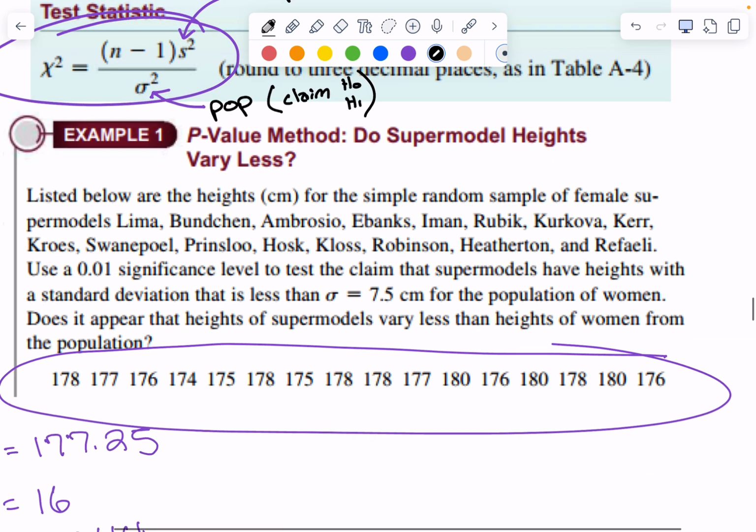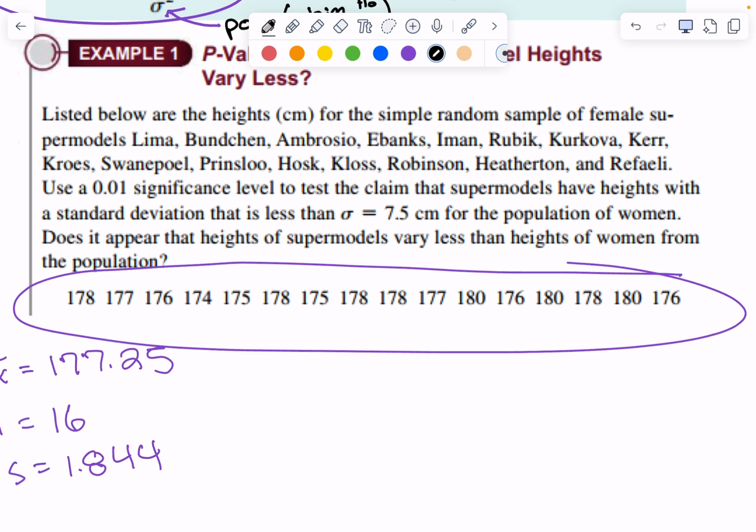Okay, here we go. Listed below are the heights for female supermodels, and they give the names of these supermodels. I'm not going to read through all those. Now, here is what we are testing. Supermodels are what for height? Tall, right? Tall and skinny, right?